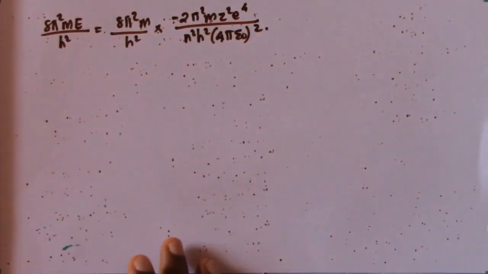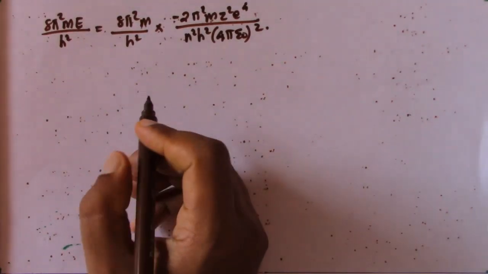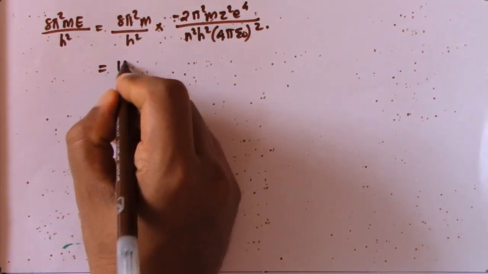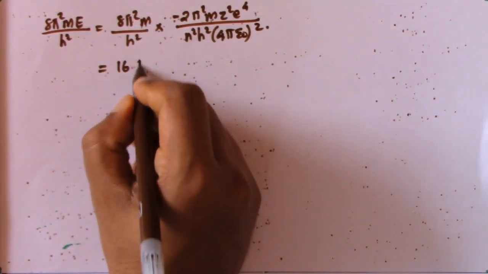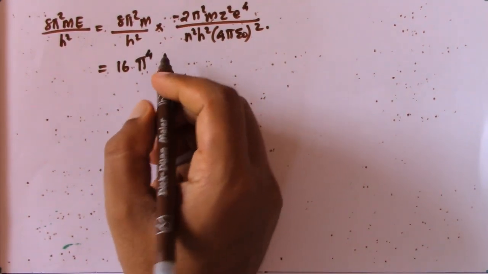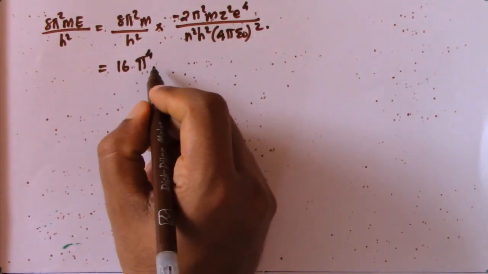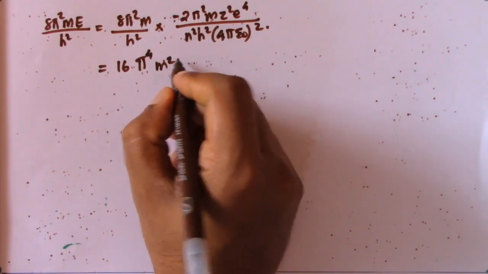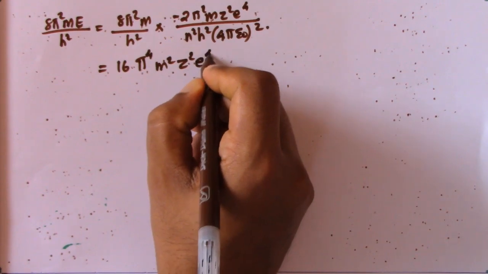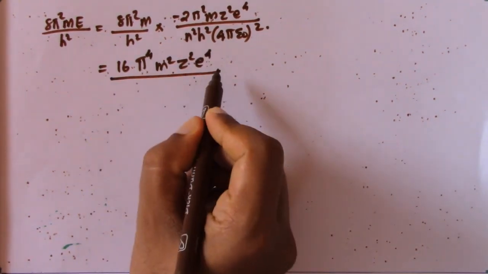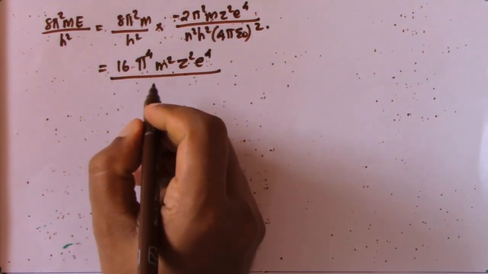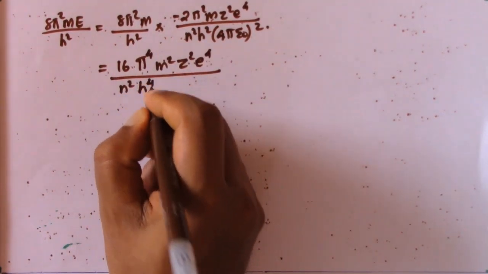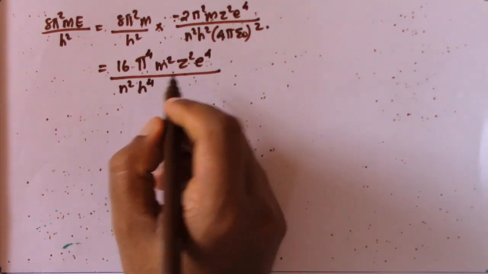When simplifying this, I can write 8 into 2, 16 pi raised to 4, m into m square, z square e raised to 4 divided by n square h square into h square, that is h raised to 4, and into 4 pi epsilon 0 the whole square.